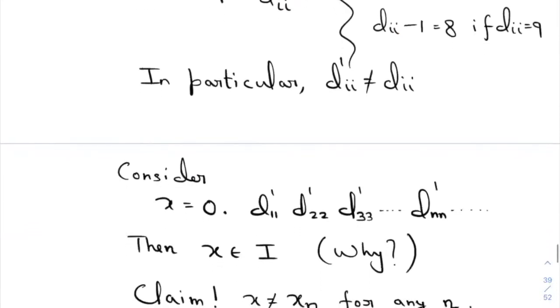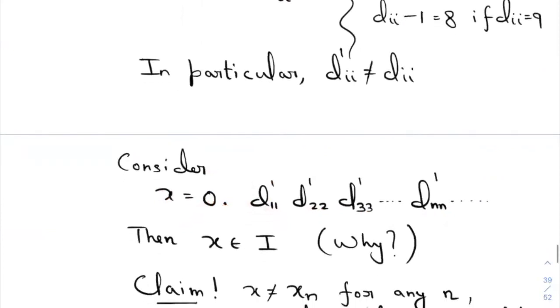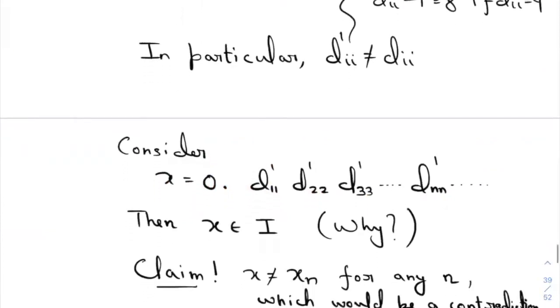And then I'm looking at the real number x, which is given by 0.d11 dash, d22 dash, d33 dash, etc., dn dash. My claim is that this number, of course, is in I because it's 0 point some decimal digits. Why is it in I?